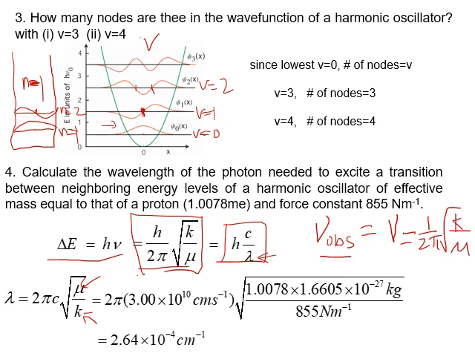So this is the absorption frequency, and this is the natural frequency. So these two should be the same. And in order to calculate the wavelength, we should use the speed of light divided by this frequency.